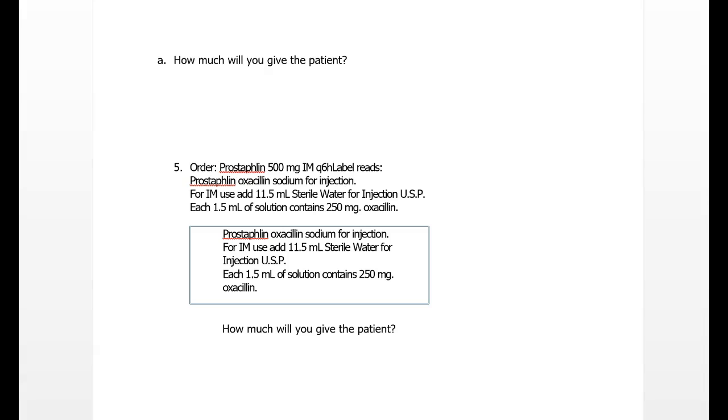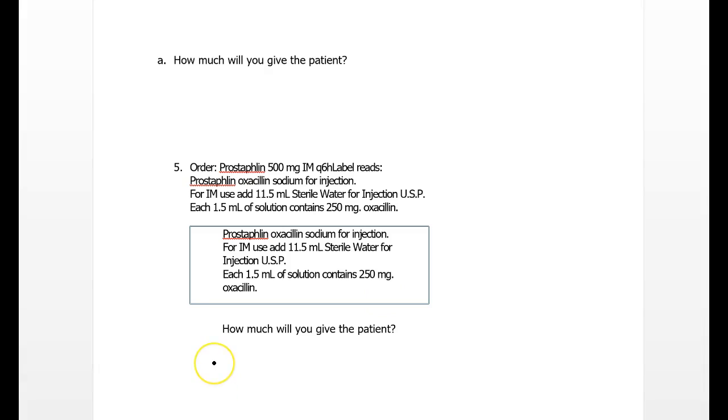The label reads prostaphlin oxacillin sodium for injection for IM use, add 11.5 mLs of sterile water for injection. Each 1.5 mL contains 250 milligrams. And this is our label right here.